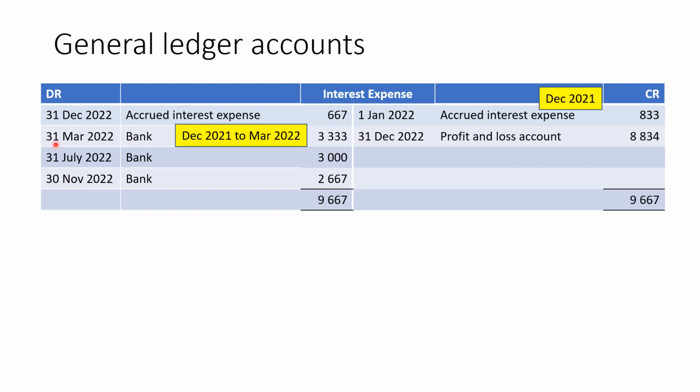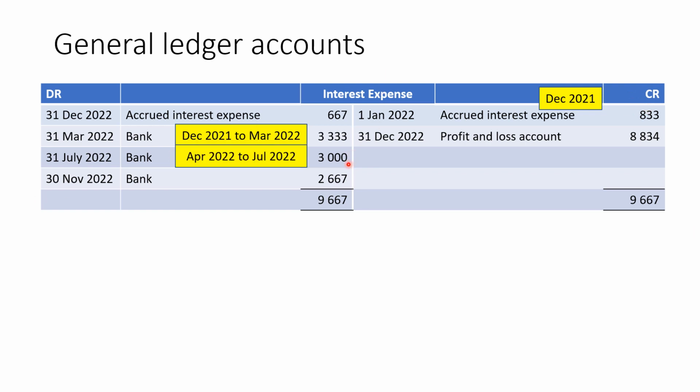Then I have my payment on the 31st of March, which included December to March. So that 3,333 is for 4 months, includes December, but December gets taken out over here on the credit side. So the net effect is that I'm left with only the interest for January, February, and March, because December effectively gets taken out over here.